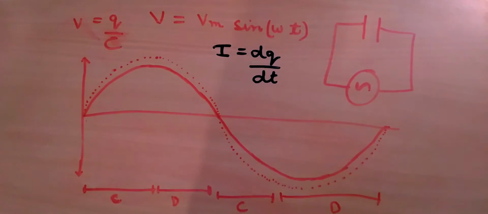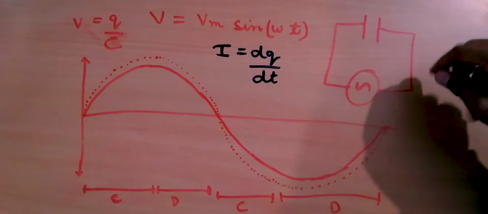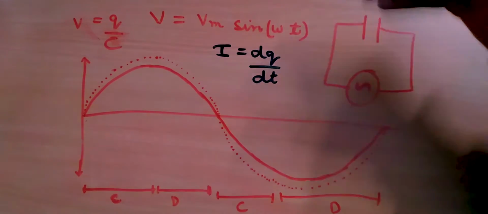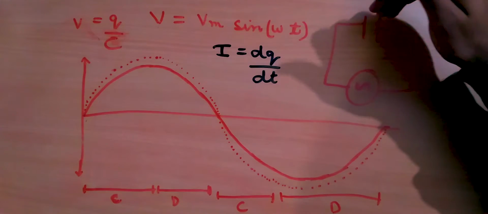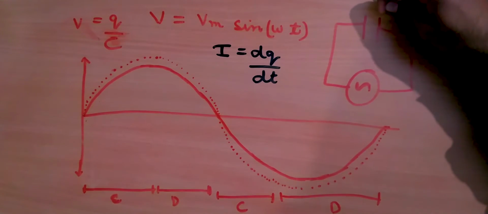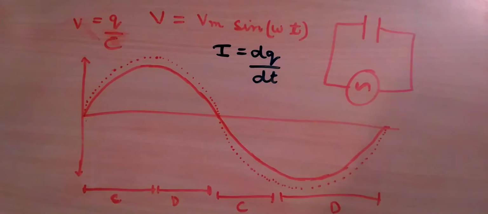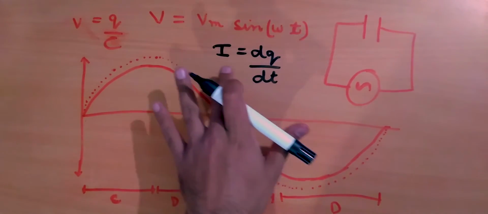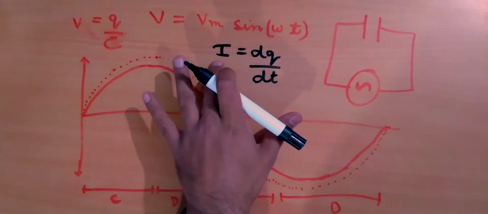And that rate at which charge is flowing through the circuit is equal to the rate at which charge is increasing or getting deposited at the plates, or in some other case, the rate at which charge is getting discharged from the plates. Either way, it depends on the situation, but I hope you get the idea. Current is nothing but the rate at which charge is flowing, right?